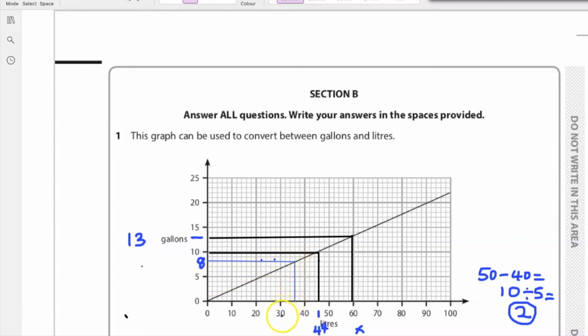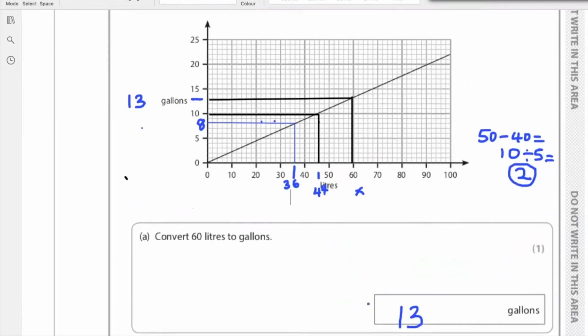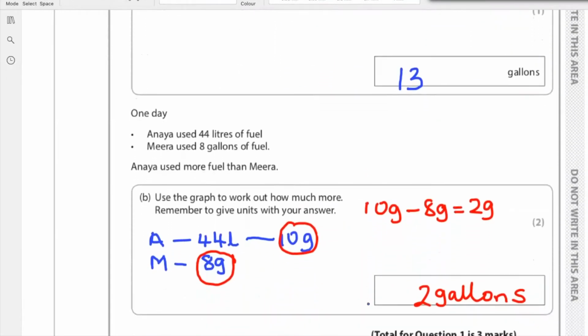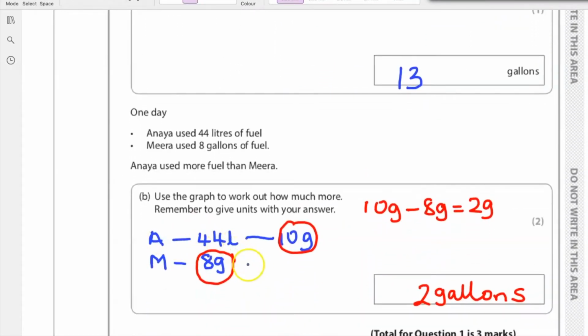So we have 30, 32, 34, 36. 36 liters. So 8 gallons is 36 liters.